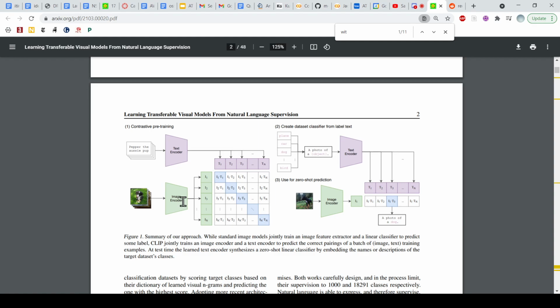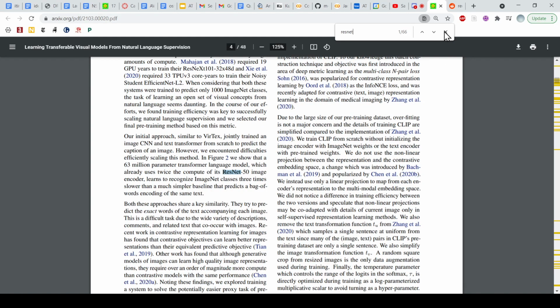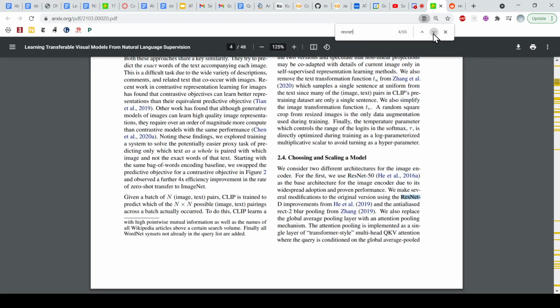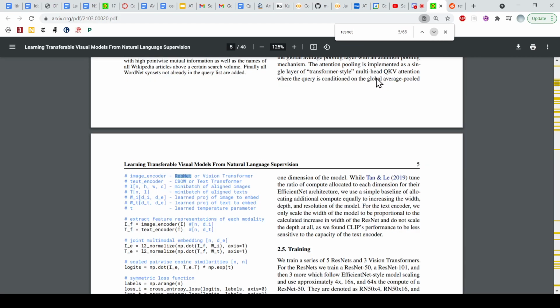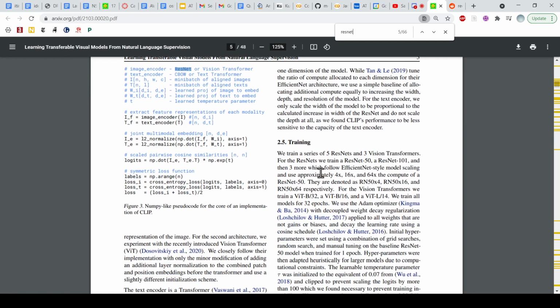They have the ResNet versions, like ResNet 50, ResNet 50 times 4, and so on. They have a whole bunch of different residual networks, 5 residual networks and 3 vision transformers.